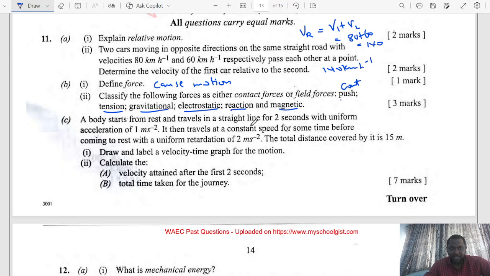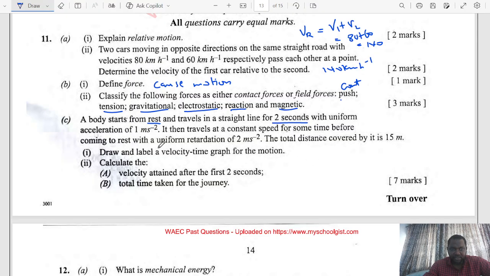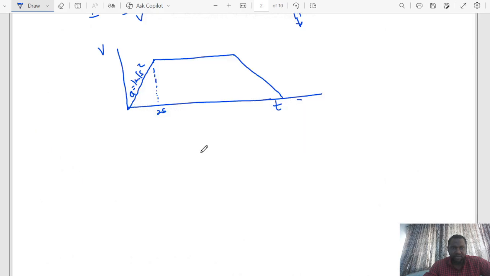The first motion is acceleration from rest, that's why we started from the origin, and it is for 2 seconds. So if I trace from here to here is 2 seconds. Then we're also given that the total distance covered by the motion is 15 meters. And remember that distance is the area under the graph.